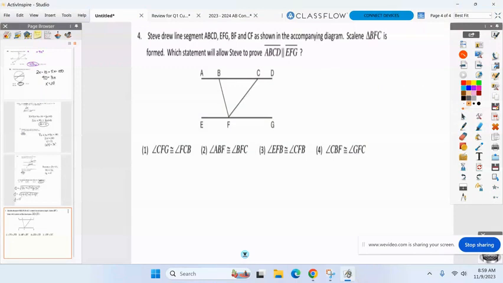Which statement will allow Steve to prove ABCD is parallel to EFG? All right, so we're looking for those special angles, right? Which one of these 4 choices are special angles here?